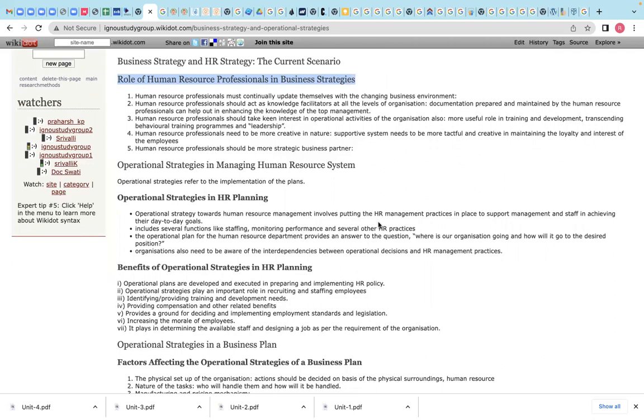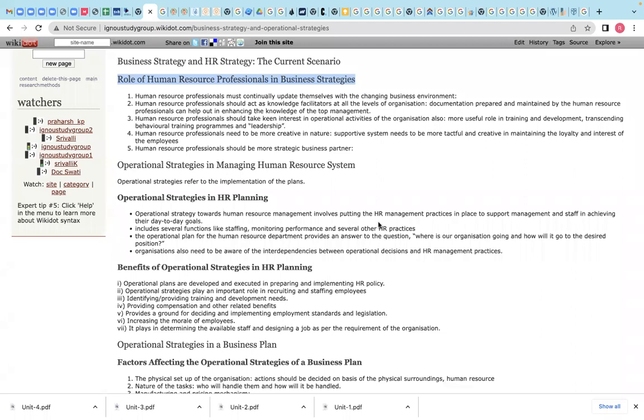It talks about why HR strategy is strategic, and how business strategy is going to help HR strategy. In these changing scenarios, the strategy is very critical. Business strategy should be the one which is driving the HR strategy.